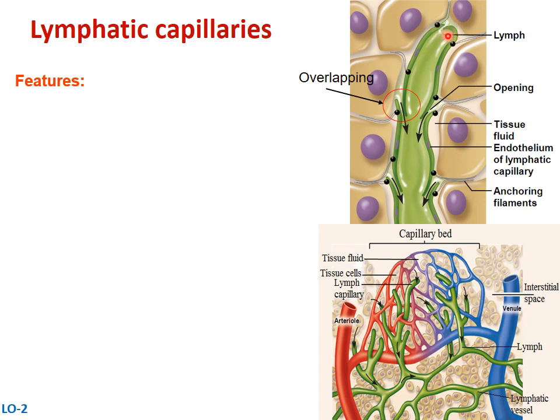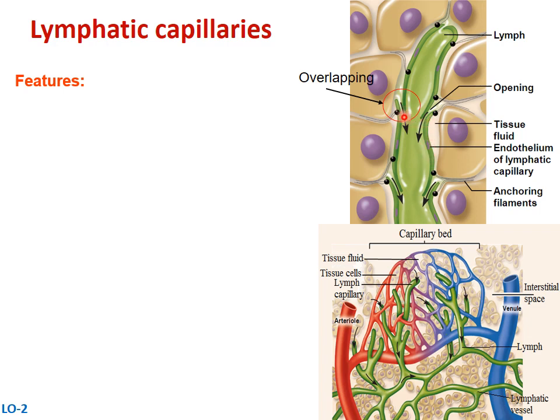First feature, blind-ended. Second is this circle. In the circle, which type of cell is this? Flat cells, we call them squamous cells. Just like the capillary endothelial cells, these cells are also squamous cells. But what is the feature? They are not attached end to end, but they are attached overlapping each other.